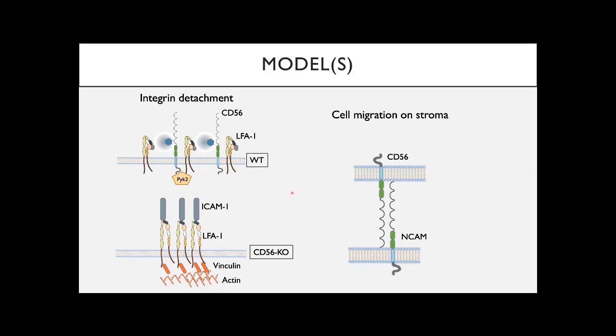And then again, while I didn't talk about it today, I still do think that there could be a role for CD56 NCAM interactions, so homotypic interactions between NK cells and the stroma in particular, and we're also investigating that.